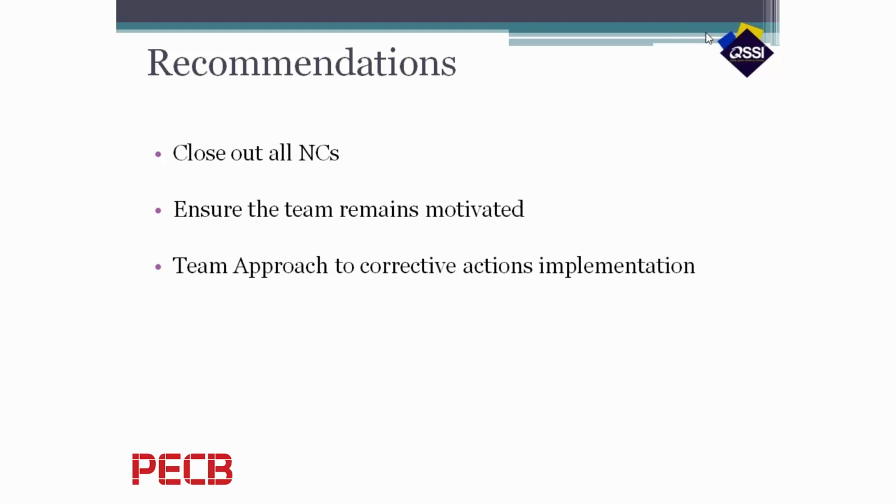Okay, thank you. The next question is, can you give examples of what auditors are looking for to gauge, prove management commitment to the food safety system? Okay, they look at first the management review. The management review minutes can tell you a lot about how the organization looks at the system.